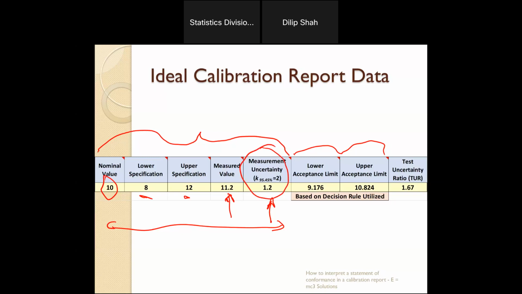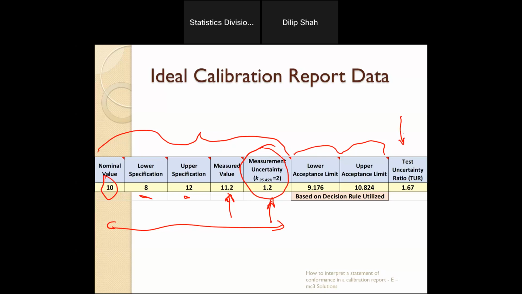So it's important that they provide you with the measurement uncertainty, and the measurement uncertainty is also proof of metrological traceability that we talked about, and then we can base the decision rule on the measurement uncertainty of our provider.